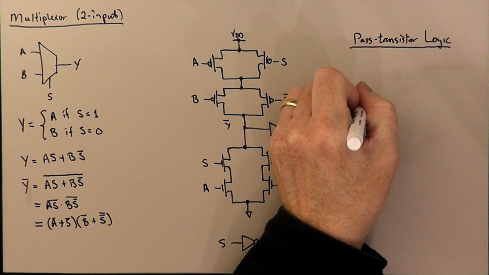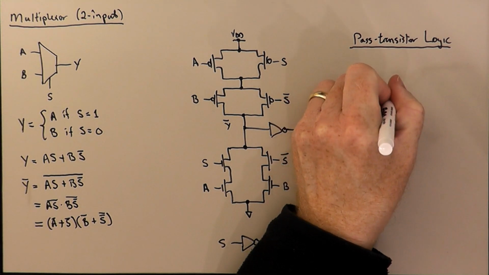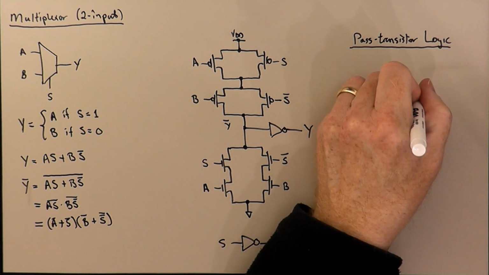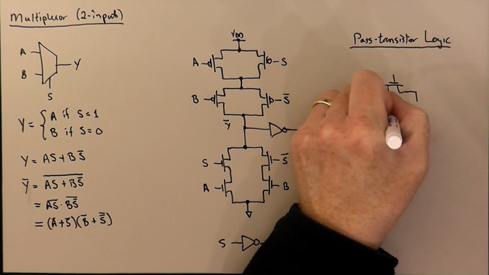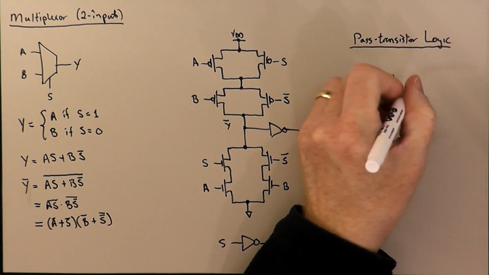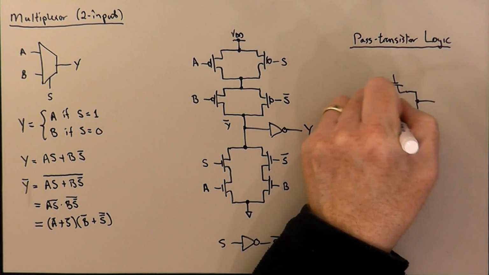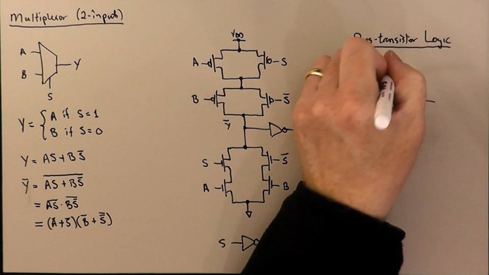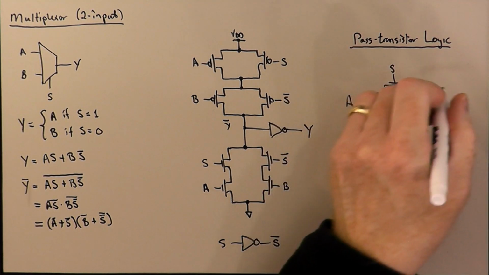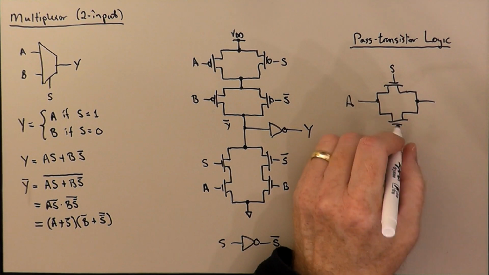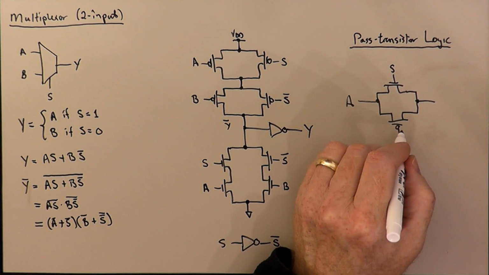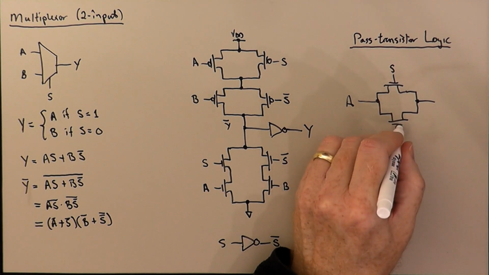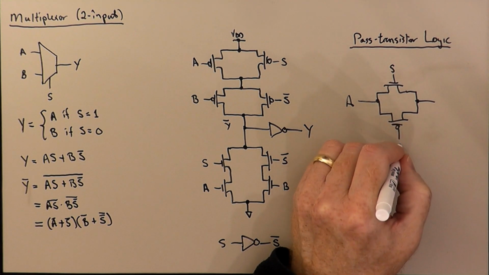Let's suppose we have here an NMOS transistor in parallel with a PMOS transistor. And we put S in the gate of this guy. And we would like this PMOS transistor to turn on at the same time as this NMOS transistor does. So in order to arrange for that, we're going to have to put S bar in down here.